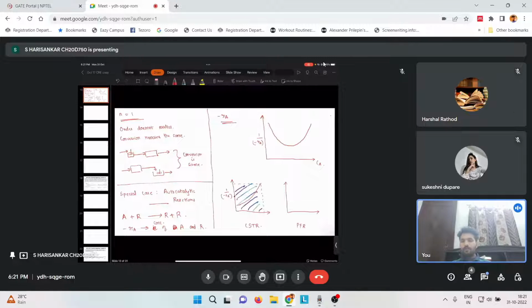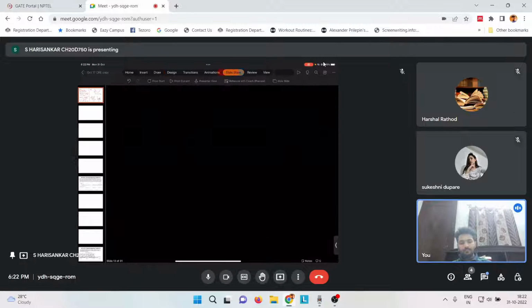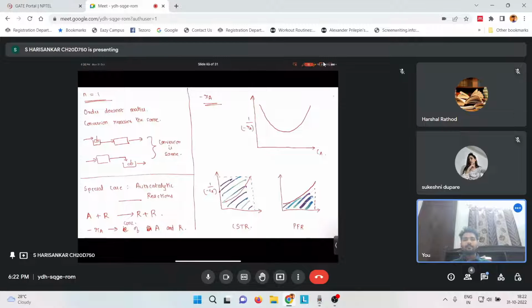And when it comes to PFR, the area under the curve is the volume of the PFR.